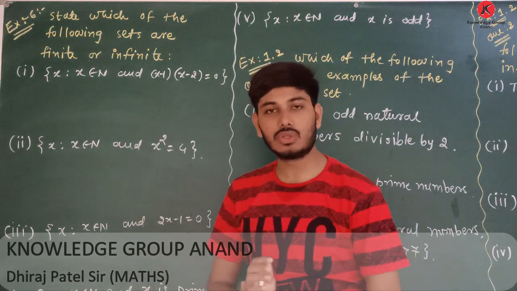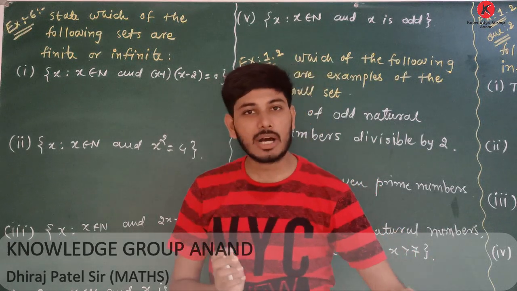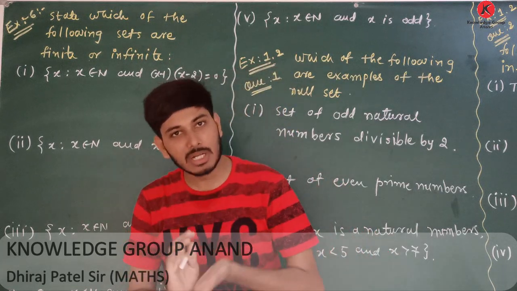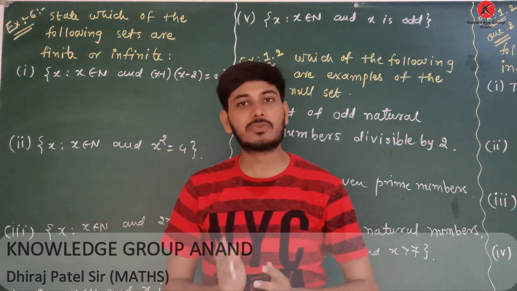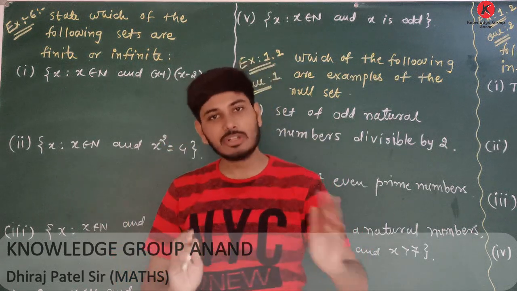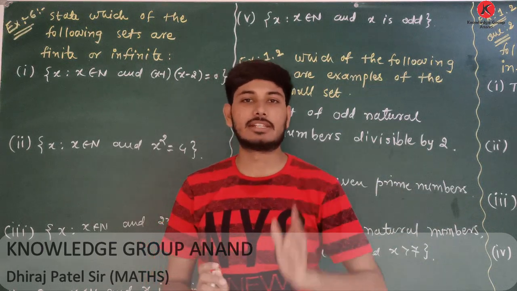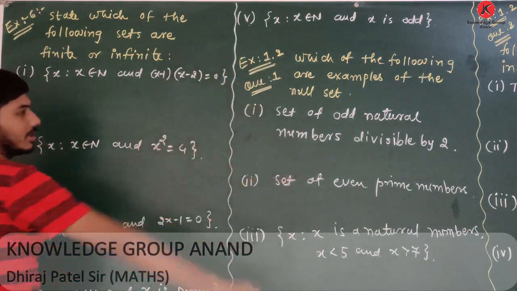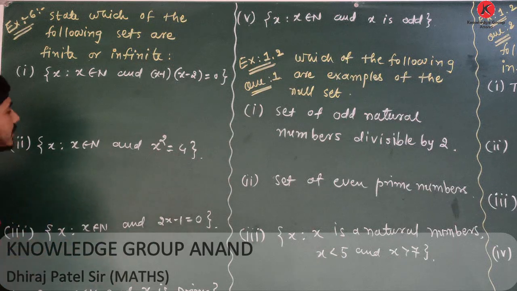In roster form you will count the number of elements. If the number of elements is countable for you, then it is a finite set. If it is uncountable, that is an infinite set. So first of all, write the set in roster or listing method.